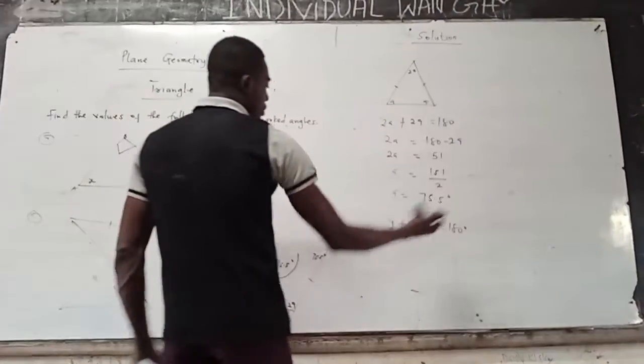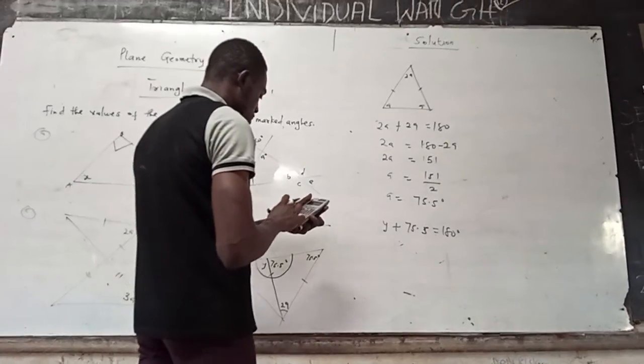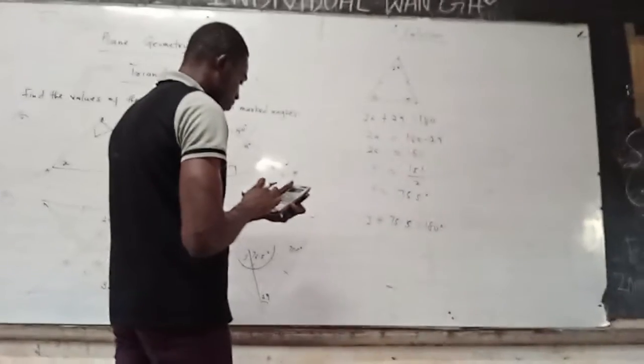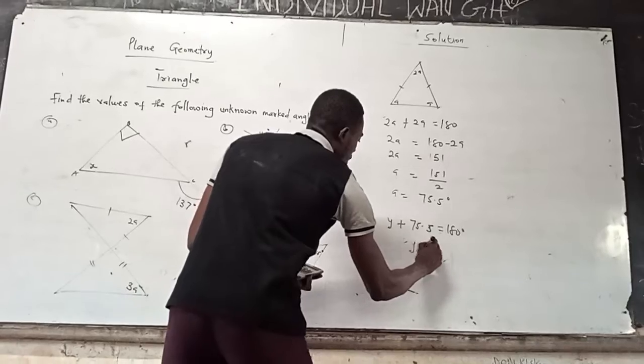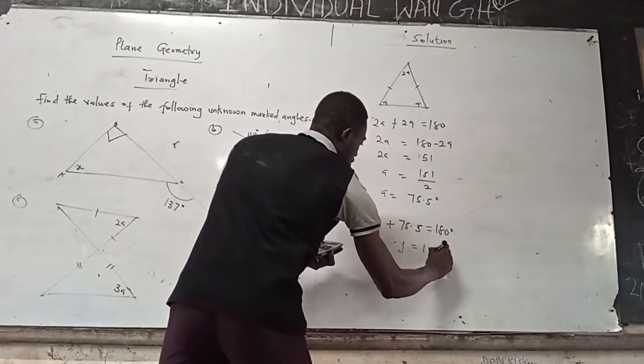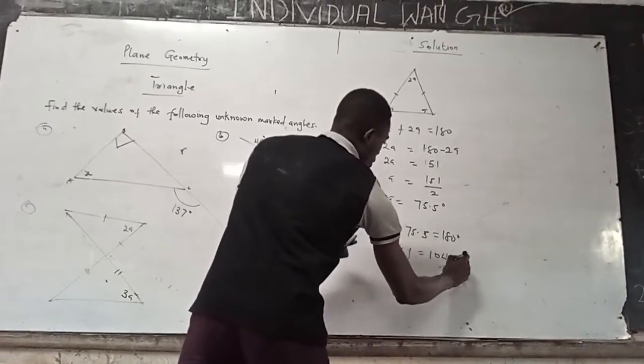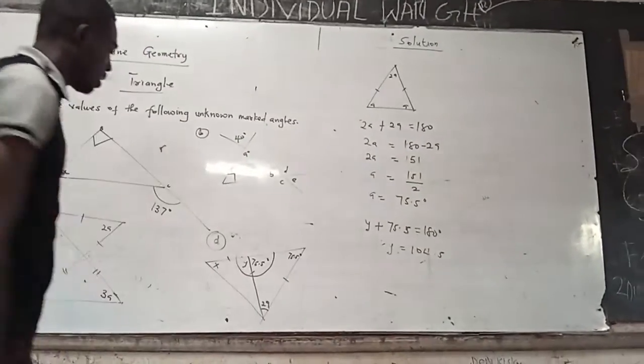Then means that we will just do the subtraction simple. 75.5 we subtract and means that y is going to be 104.5. So y is that.